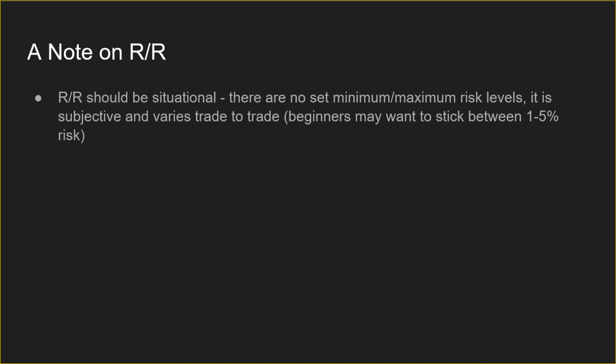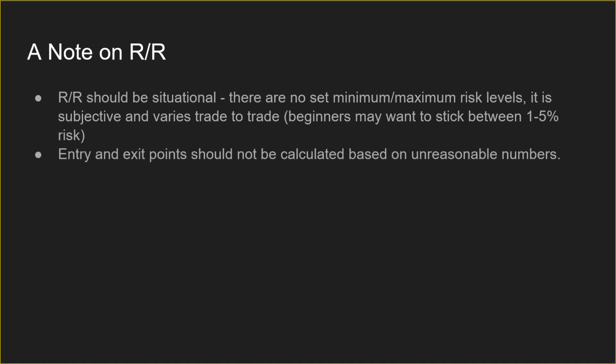I personally don't like to risk more than 5% on a given position unless there is severe upside and I'm very confident and extremely confident in the overall market, and there are things suggesting that there is a very high probability of me being right. Now, if that is not the case, but I'm still feeling confident in the move, I would not take anything more than a 5% risk on a trade. But that's just me personally. You can do whatever you want. It's not financial advice, but that's just something that I do.